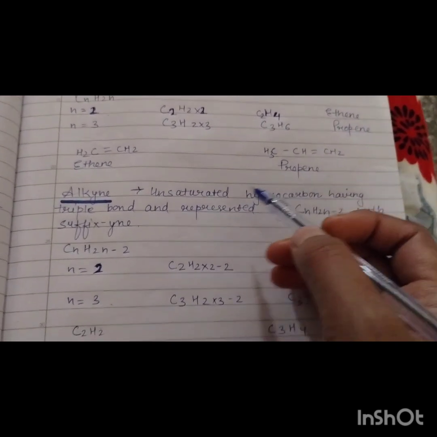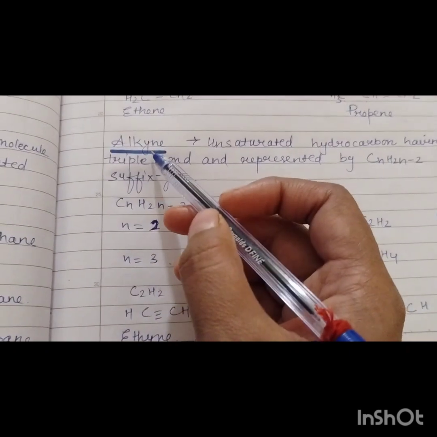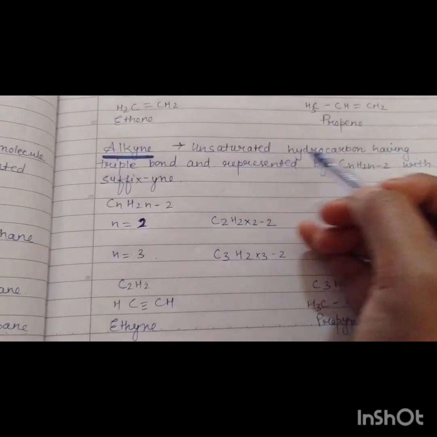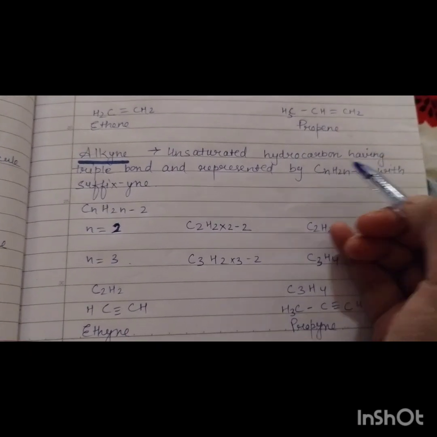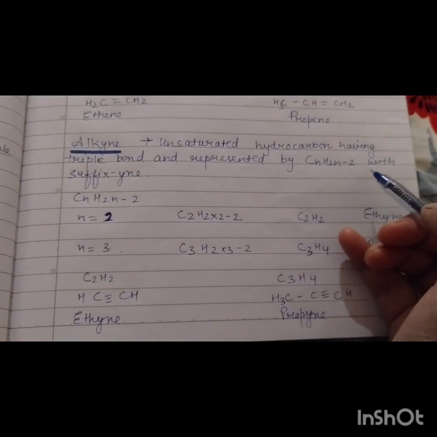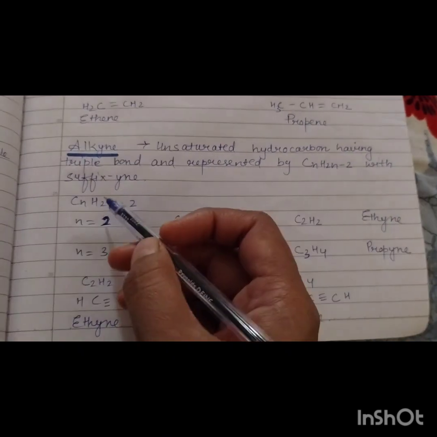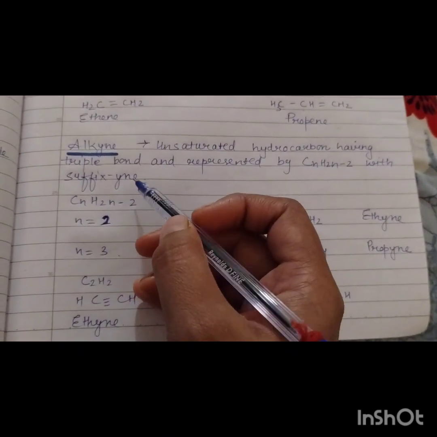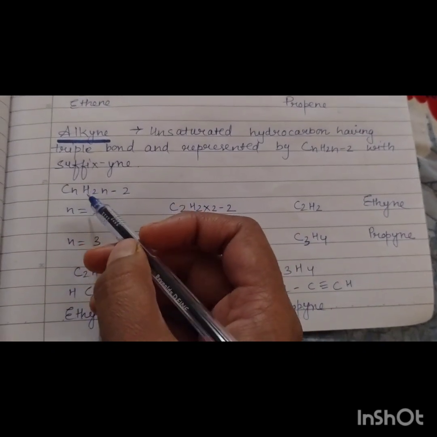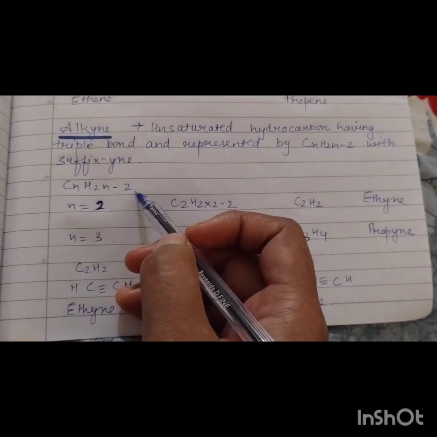Now moving towards alkyne. What is alkyne? An unsaturated hydrocarbon, again unsaturated, having a triple bond, represented by CnH2n-2 with the suffix -yne. Here the suffix is -yne and the formula is CnH2n-2.